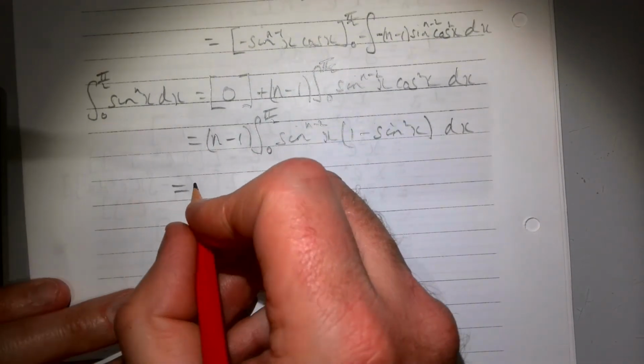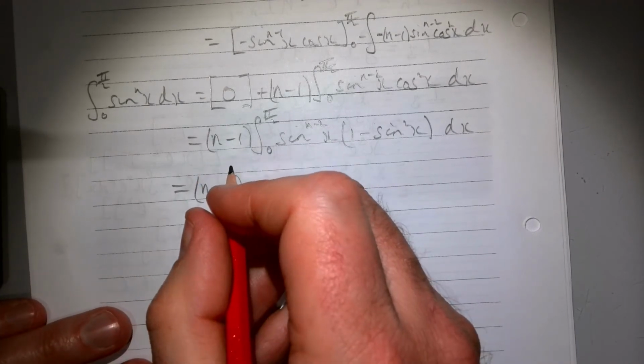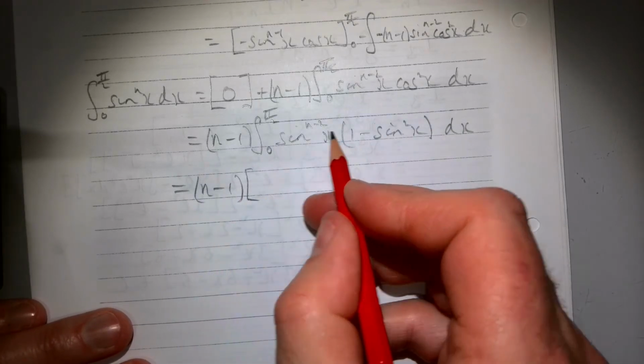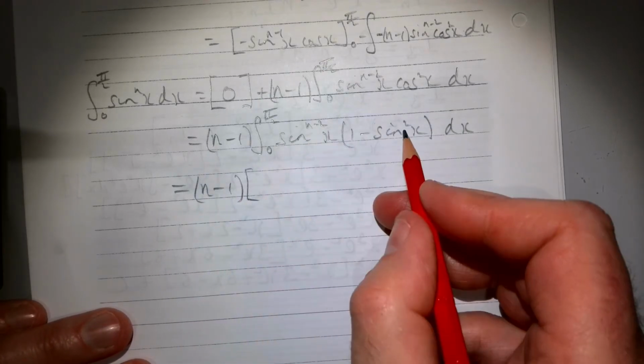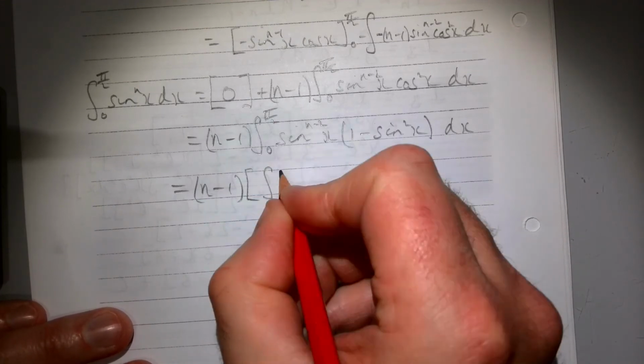And tidying again, we're away for space, I think we should be okay. I'm going to separate these two out because you're going to multiply through here by 1 and multiply through here by sine squared x. I'm going to actually do two different integral signs. I hope you can follow this okay.